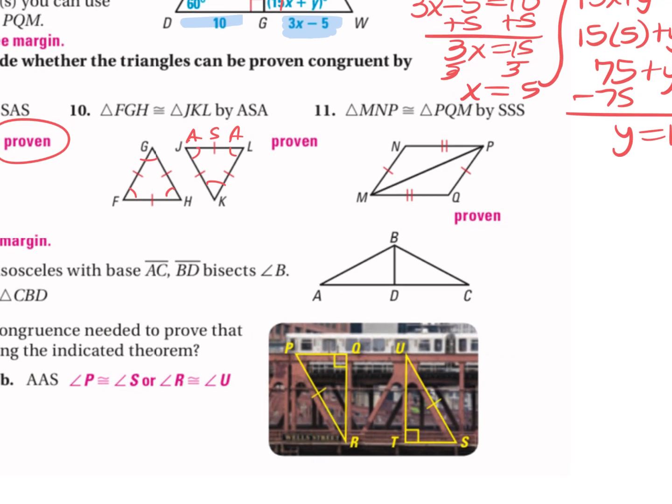And then this one wants to know, can you do side, side, side? Yes, you can. You can add in the reflexive and say that, yes, we have side, side, side on all of them. So again, I would be paying close attention to these triangle shortcuts for the midterm.